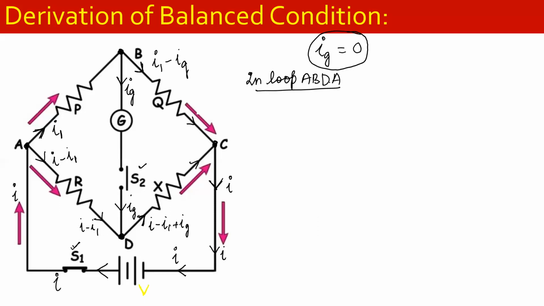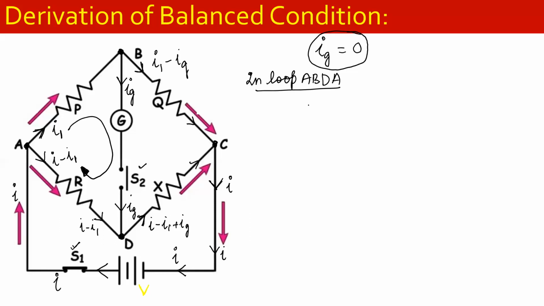For applying KVL, we have to assume a particular direction of current flow. It can be clockwise or anti-clockwise. So here I am taking the direction as clockwise. I can see that in the ABDA loop, we don't have any battery.